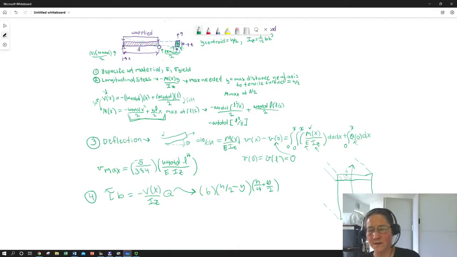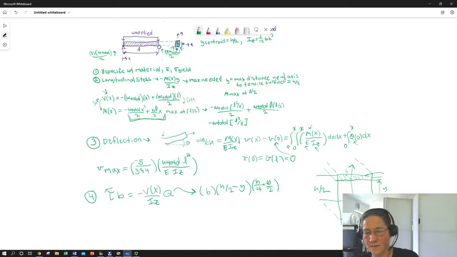So I'm looking at this little slice, and so look at the bottom. My y in this case is this dimension. This is h over 2.